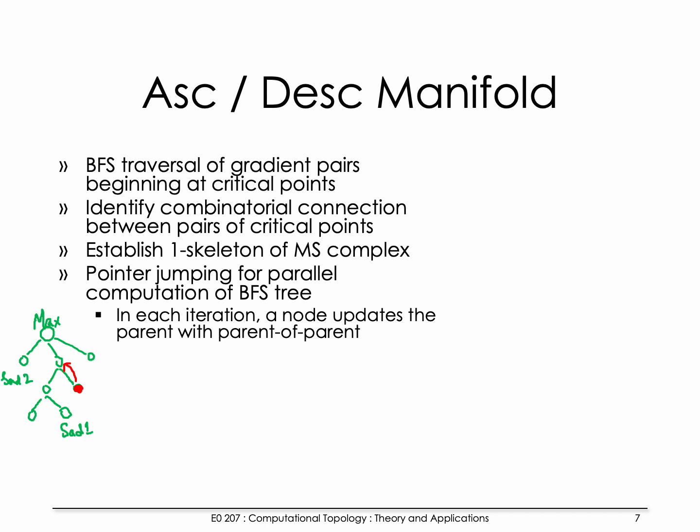So you can quickly see that after log n iterations, every node points to the root of the tree, and hence we get all the combinatorial connections. So in other words, the pointer jumping stops when all critical points are able to find their unique pair, which is the source or the destination, as appropriate.